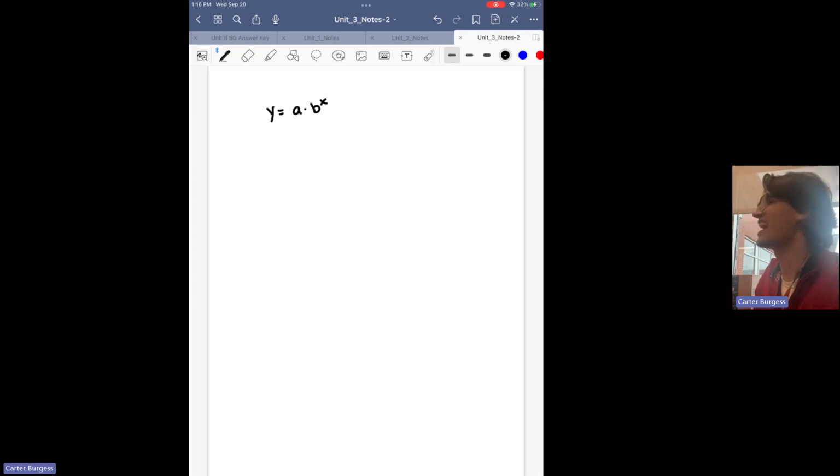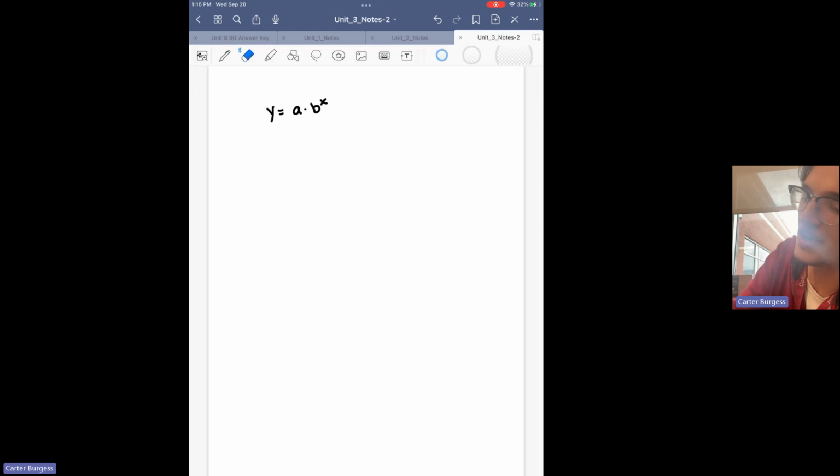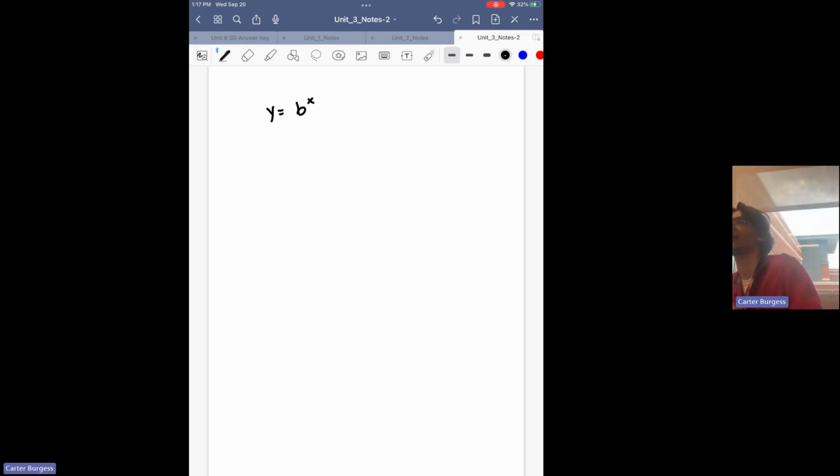And I actually think that this a makes things a little bit tricky. And so we're going to look at a simplified version of this. We're just going to assume that a is equal to 1 here. All right, so we're just focusing on y equal to b to the power of x. And I want to construct the inverse function for this particular thing, for our exponential function.